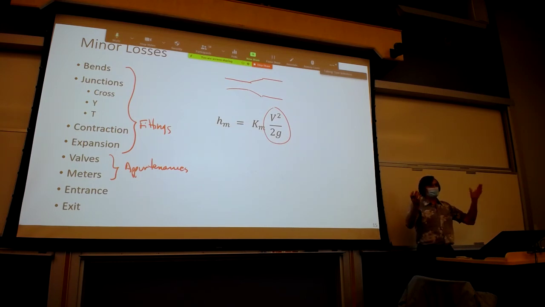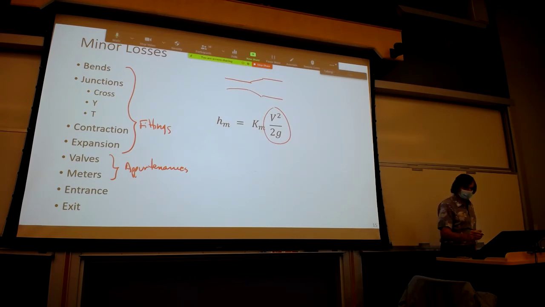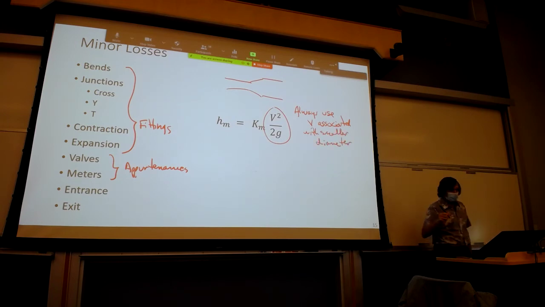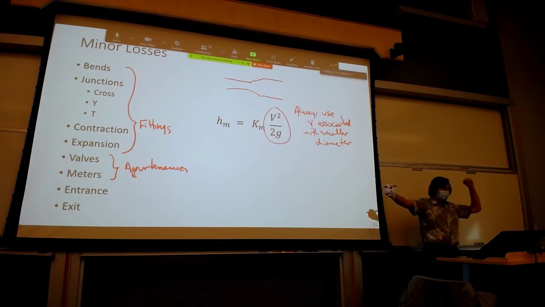And the problem you're going to face is, which velocity head do I use? So you should write this down. Always use the velocity associated with the smaller diameter on either side of the minor loss feature.